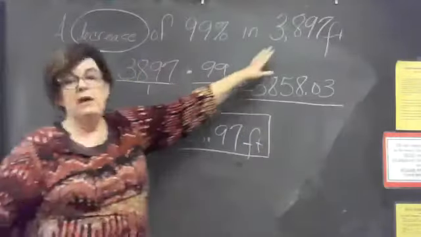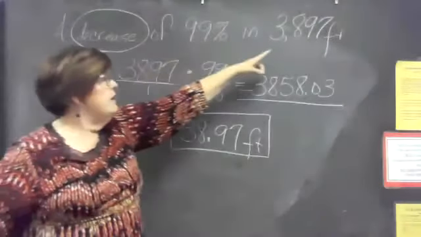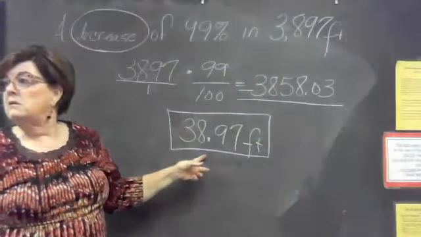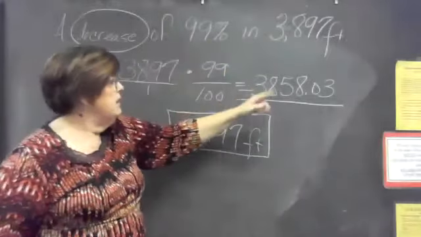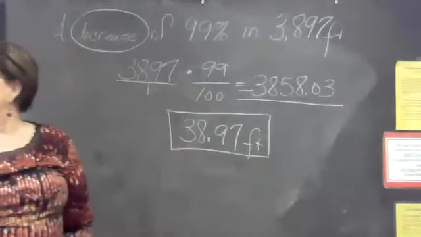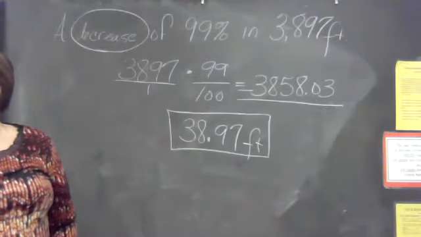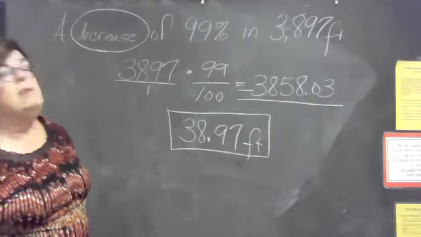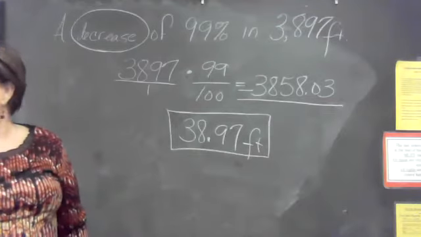If I took that amount and decreased it by 99% of that amount, I'm only left with this. If that was 100%, the numbers would be the same and I'd be left with nothing because I subtracted 100%. And we always put the big number first, like the 38.97, if you're going to subtract. If you're going to add, it really doesn't matter.